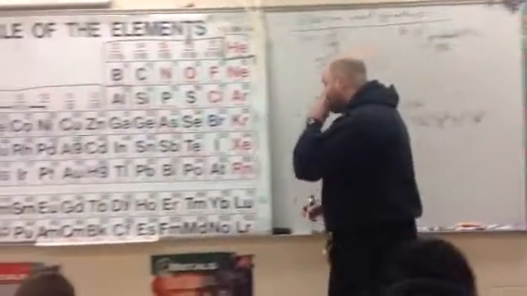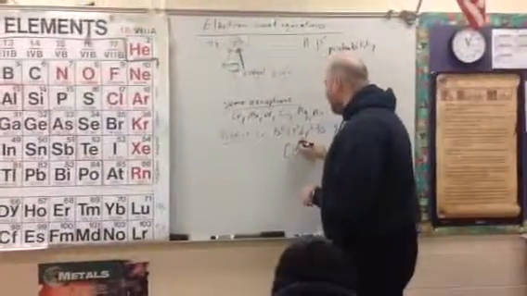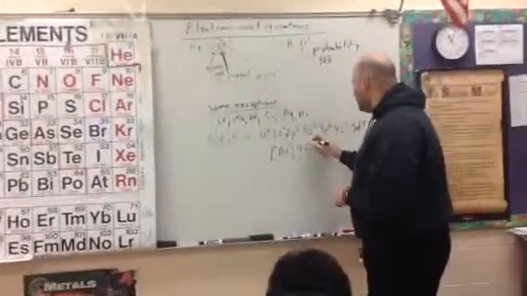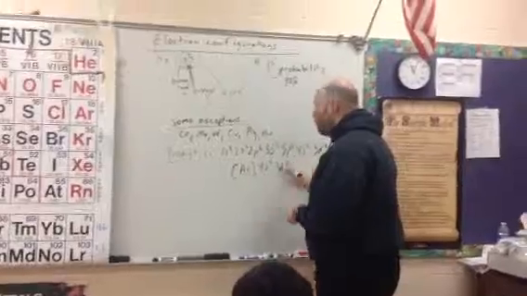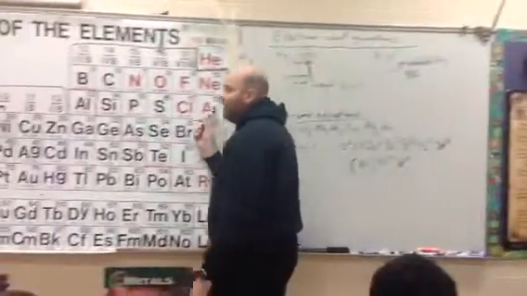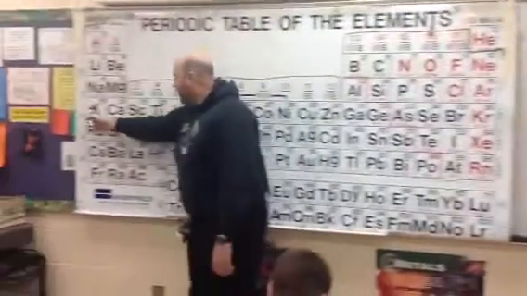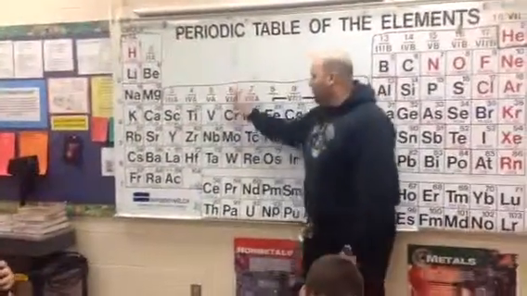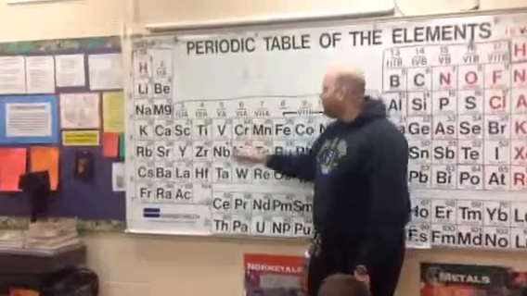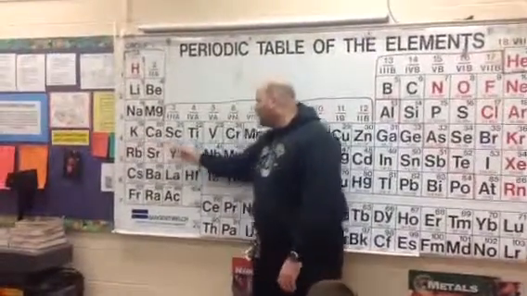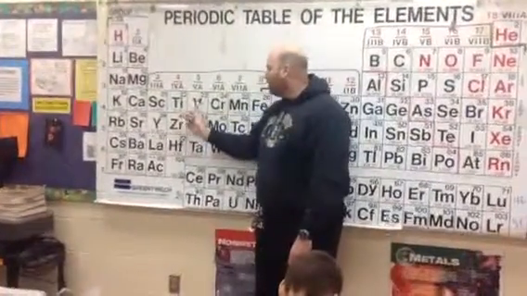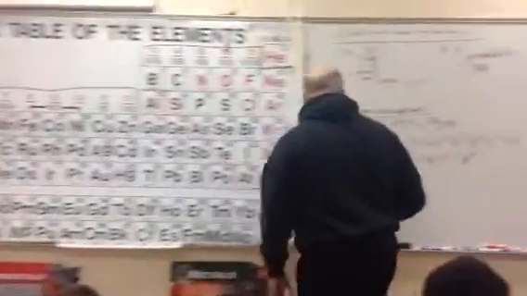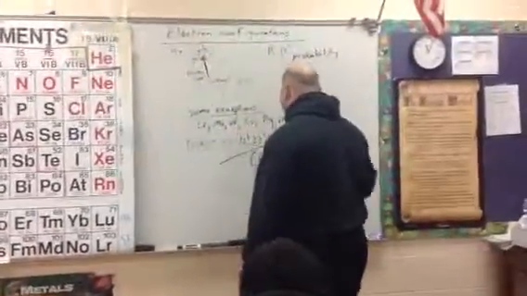Actually, if we did our shorthand, it would just be argon, and then you'd have 4s2, 3d4. Remember when we get to the d sublevel, we subtract 1 from the row number for the energy level, so that'd be 3d1, 3d2, 3d3, 3d4, and that's what you'd predict. However, this is incorrect.